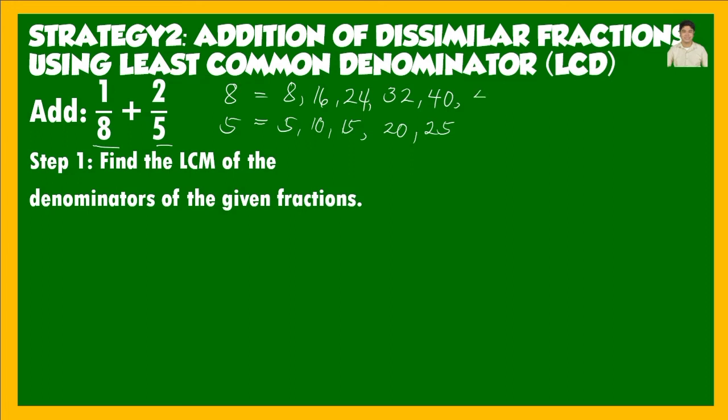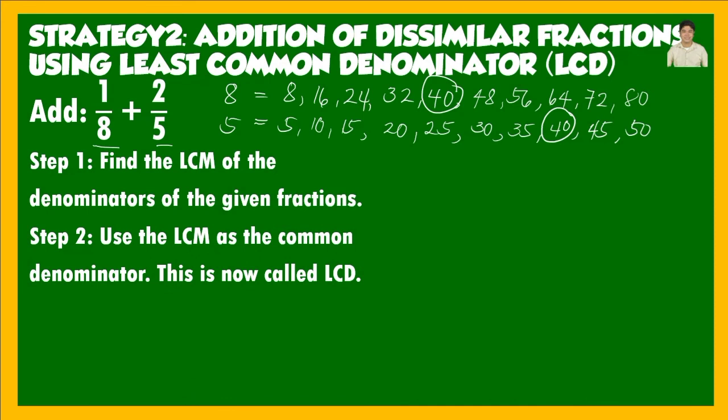We have 48, 56, 64, 72, and 80. Next, under 5, we have 30, 35, 40, 45, it's not 48, it's 45, and then 50. So, may nakikita na po tayong LCM which is 40. Ayan, so yung LCD natin ngayon is magiging 40.